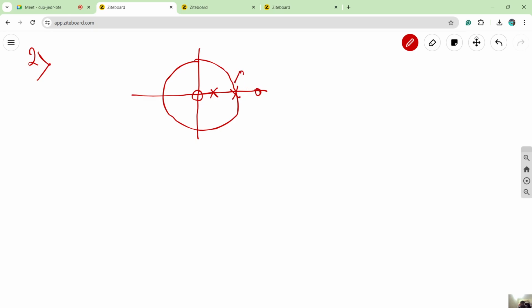So this point is 1 by 2. So this is half. This is 3 by 2. This is 1 by 3. The ROC in this is in this direction, outside of this.